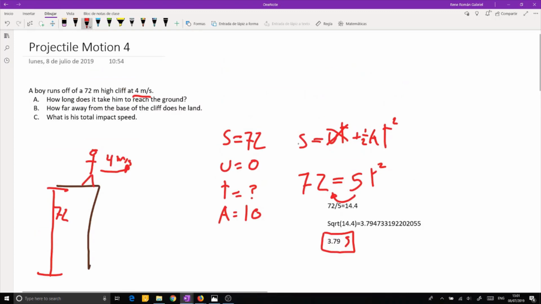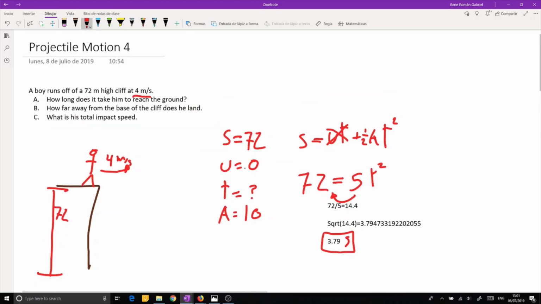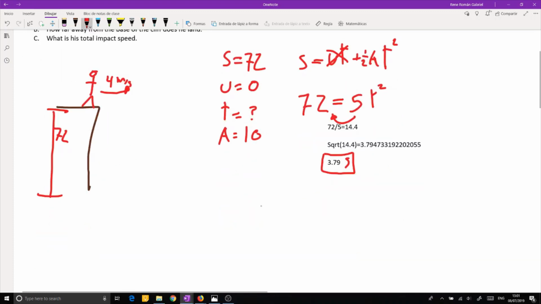Next is how far away from the base of the cliff does he land? Well, this one's really easy. We just have to multiply the time times his initial velocity. And that's it. So we would just do 3.79 times 4.